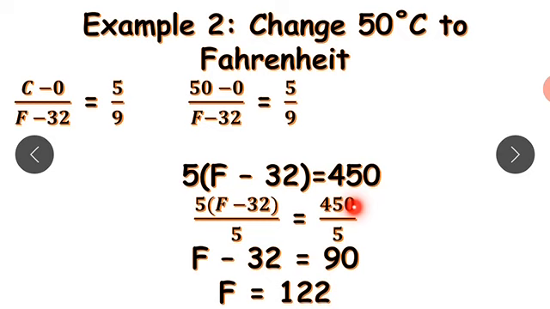Then 450 divided by 5 is 90. So the answer is 122, or the equivalent of 50 degrees Celsius is 122 degrees Fahrenheit.